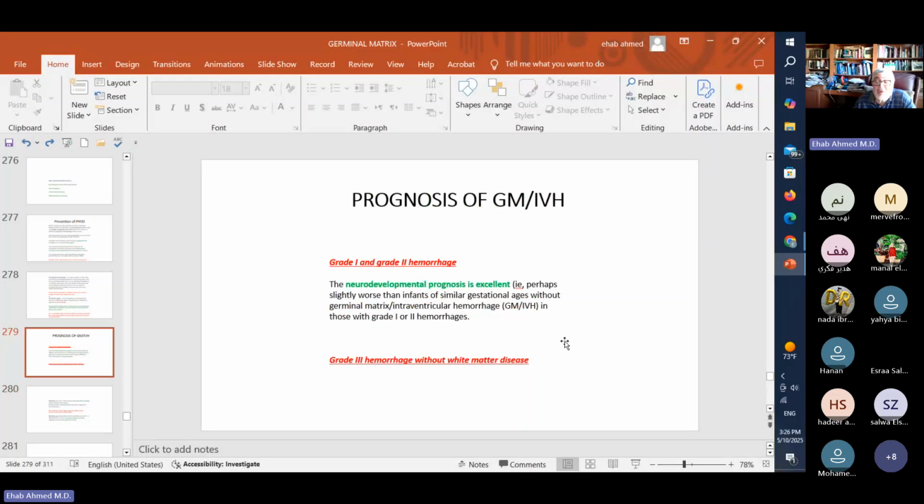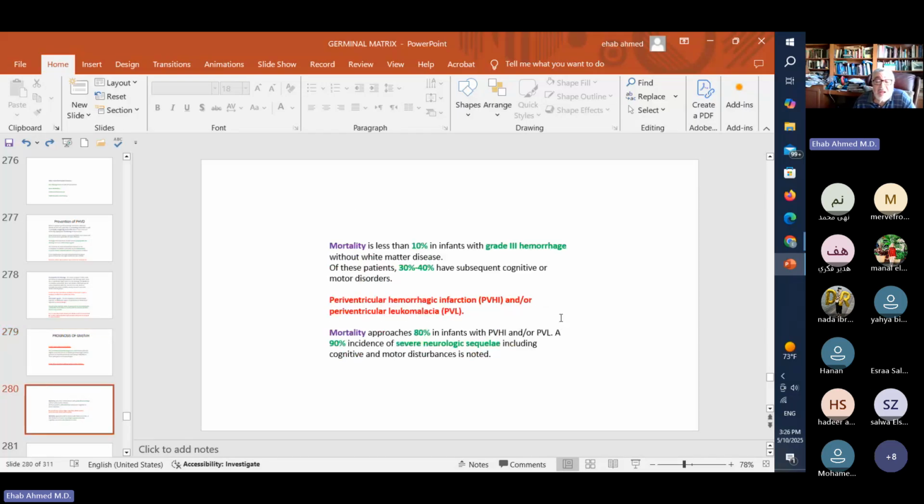Grade 3 and 4 are called severe, and they have high mortality and high morbidity, with mortality as high as 10% for grade 3, and up to 80% of infants with PVHI or PVL having severe neurologic sequelae.